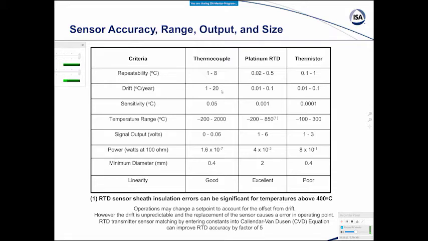If we knew that it was going to drift at a certain rate, we could probably do something smart about it, but we don't, and it may stop drifting for a while, and then it may accelerate drifting, so it's really very problematic. And down here at the bottom, there's a note that operations may change the set point to account for the offset from drift.